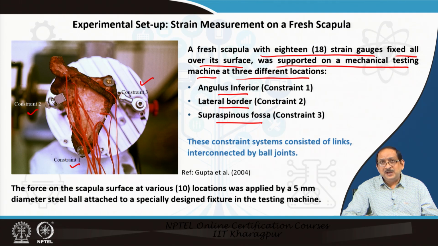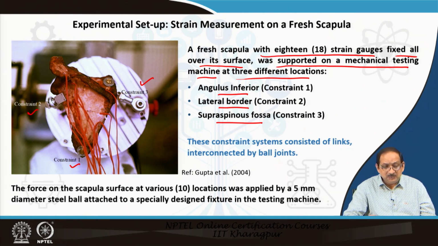Now, these constraint systems consisted of links interconnected by ball joints. We will discuss this in the next slide, but these constraint systems are used to support the fresh scapula on which 18 strain gauges are fixed all over the surface.